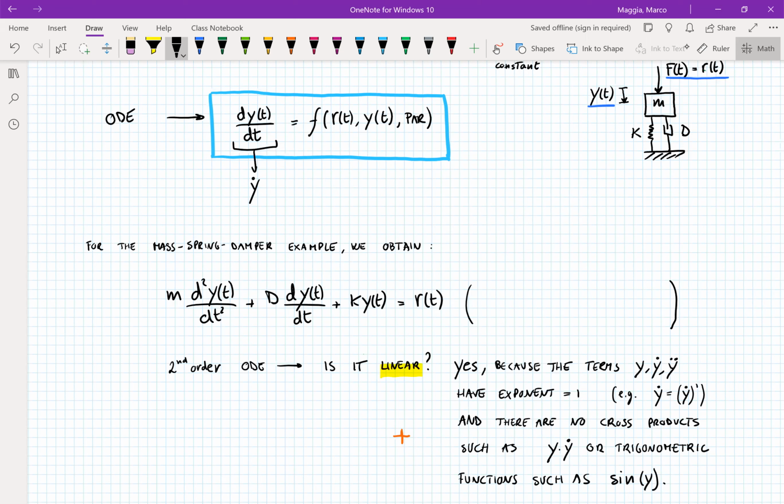Or in a more compact form, we can write it as m y double dot plus d y dot plus k y equals r.